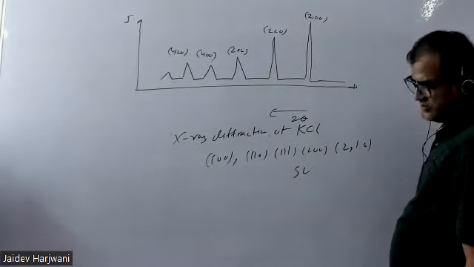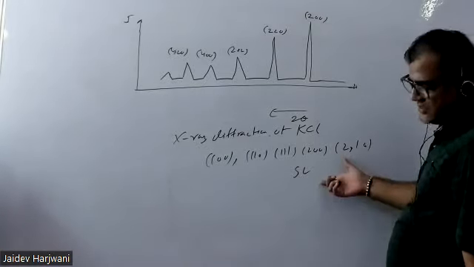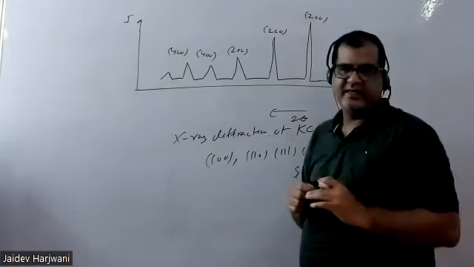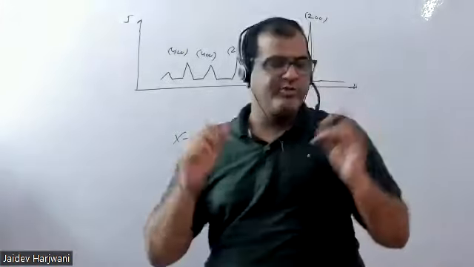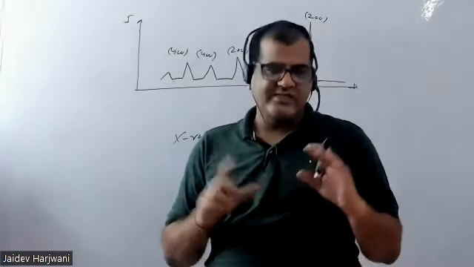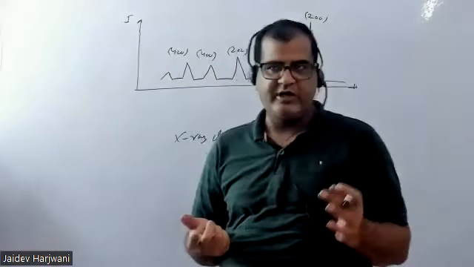So for KCl, X-ray sees KCl as a simple cubic structure with a lattice constant of a/2. Are you getting my point?